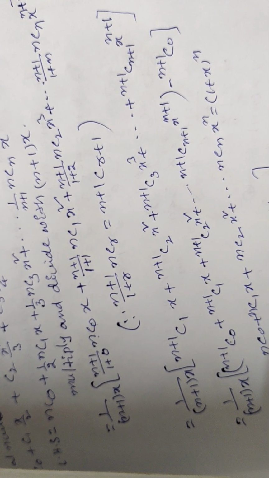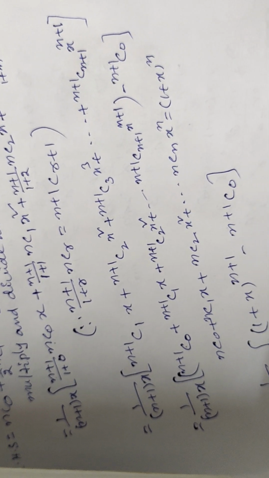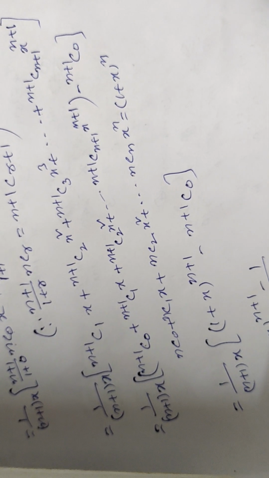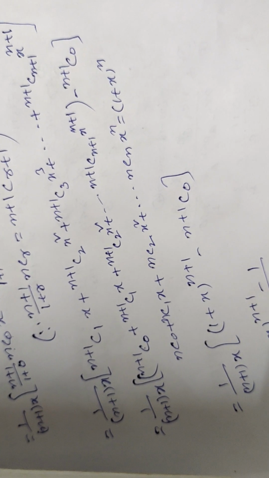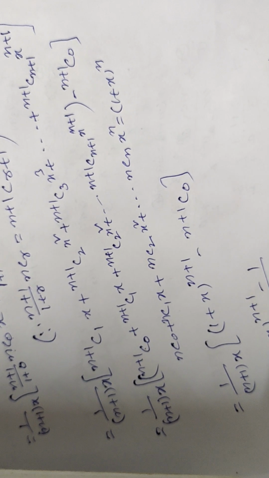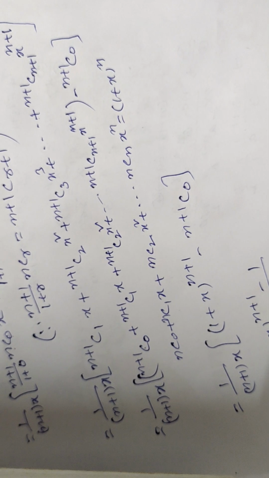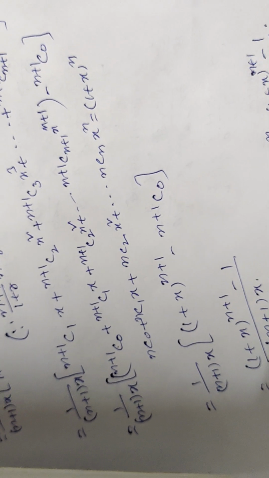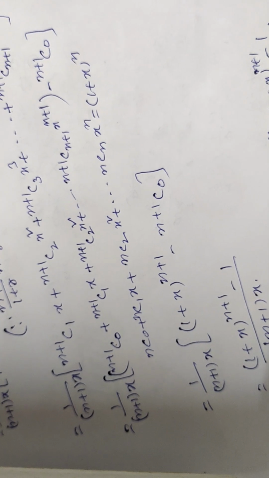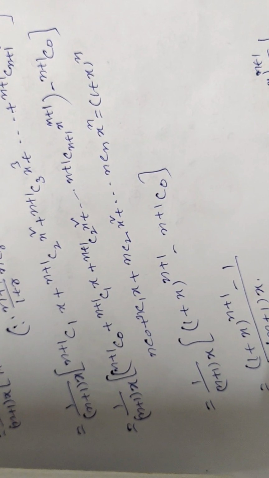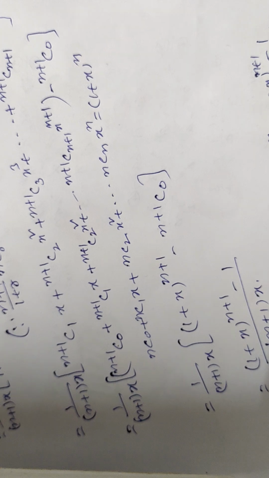By using this formula, we get 1 by n plus 1 into x of n plus 1 C1 x plus n plus 1 C2 x square, n plus 1 C3 x cube and so on, n plus 1 C n plus 1 x power n plus 1. For the missing term in the series, n plus 1 C0, adding and subtracting.